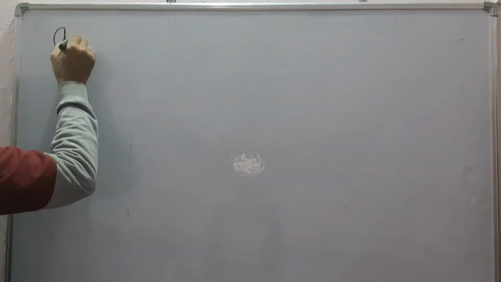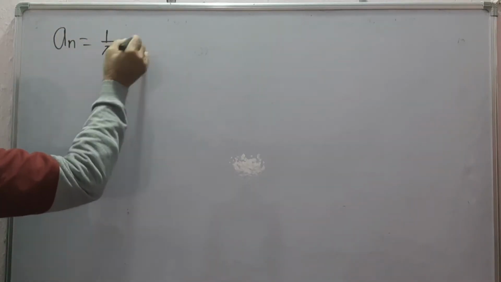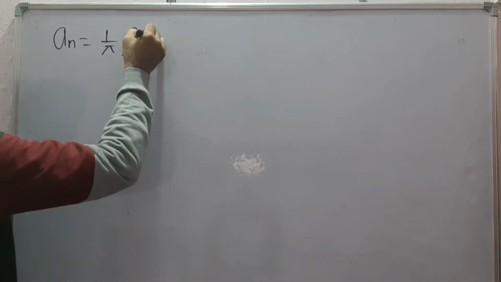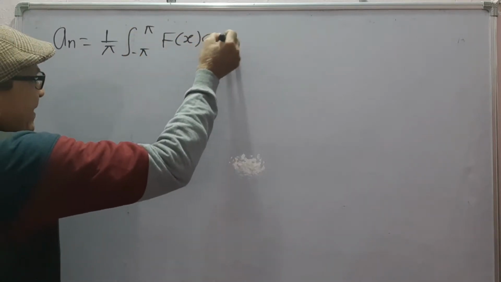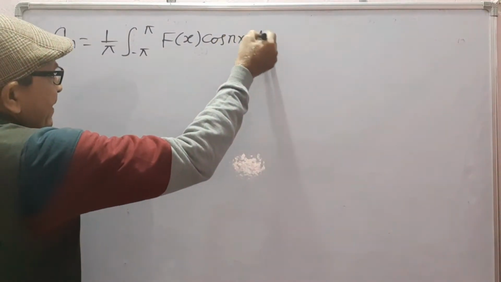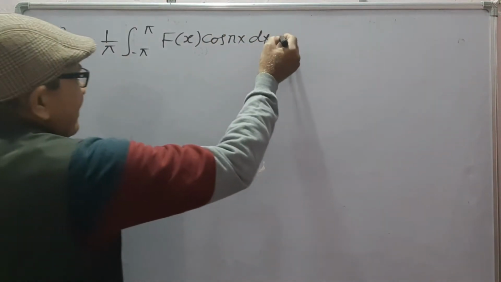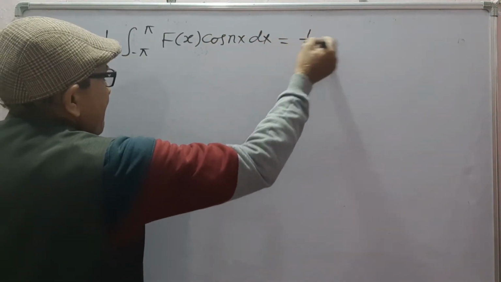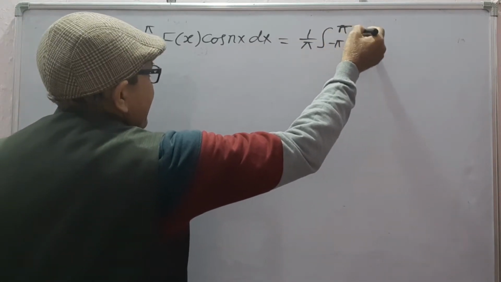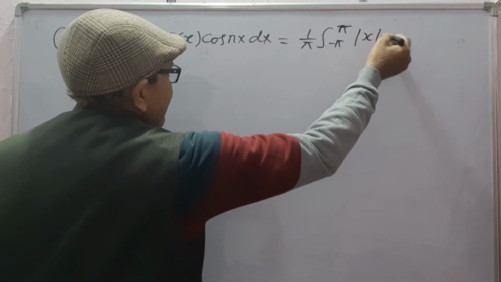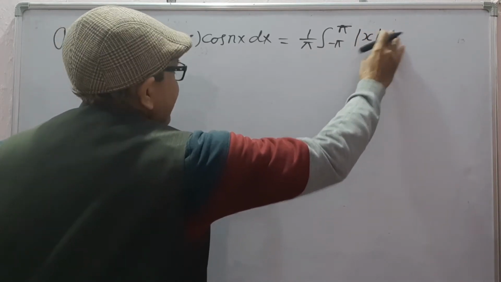Now an is 1/pi integral from minus pi to pi f(x) cos nx dx. This is 1/pi integral from minus pi to pi |x| cos nx dx.